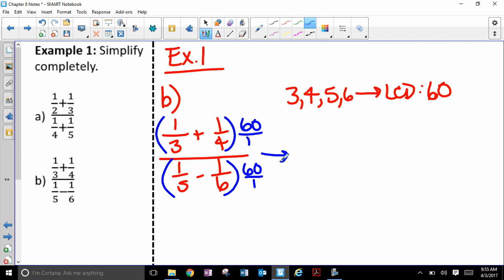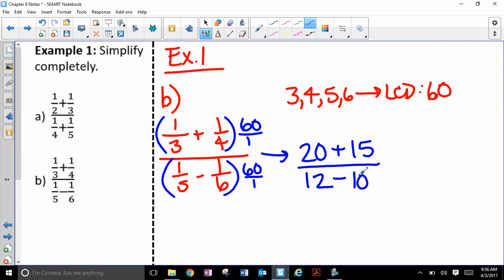So when I do that, this would end up being 60 divided by 3, which is 20, plus 60 divided by 4, which is 15, all over, when you distribute the 60 to the 1/5, that's going to be 12, minus 1/6 times 60, which is 60 divided by 6, which is 10.